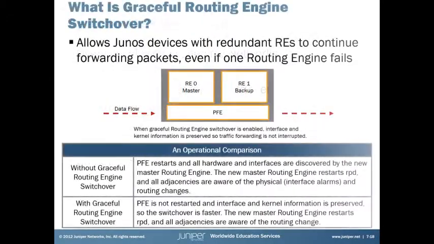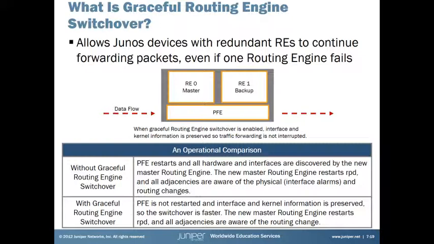Graceful routing engine switchover is something that we can use where we have multiple routing engines. It allows Junos device redundant REs to continue forwarding packets even if one routing engine fails. And so with graceful routing engine switchover or without it, two scenarios here. Without it, the PFE restarts and all hardware and interfaces are discovered by the new master routing engine.